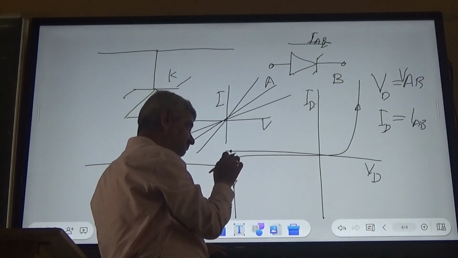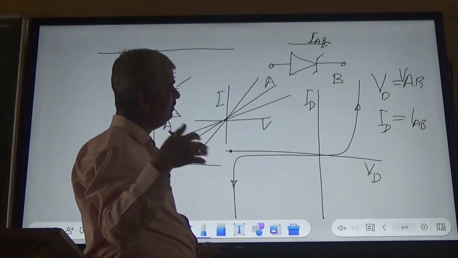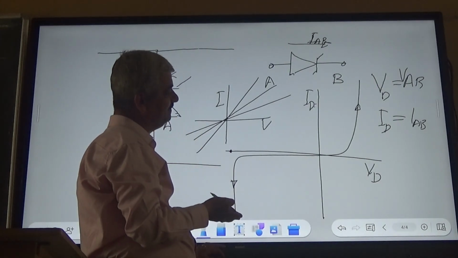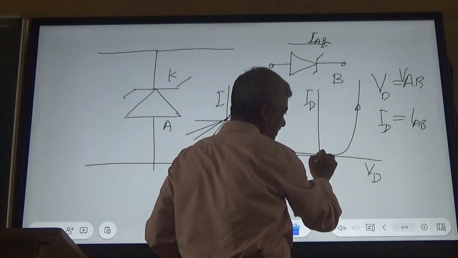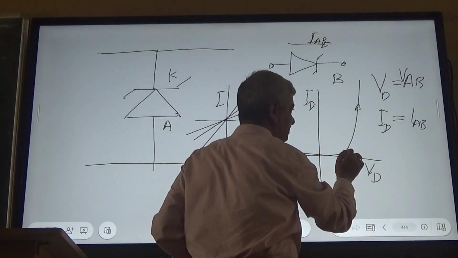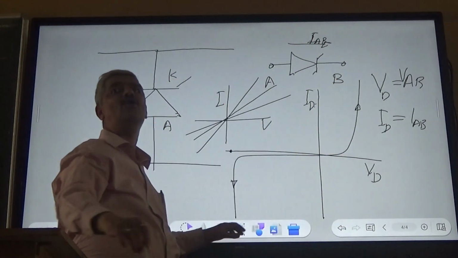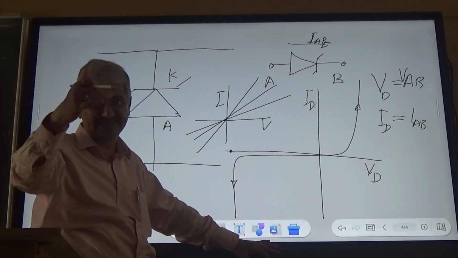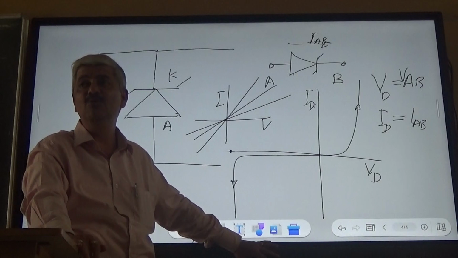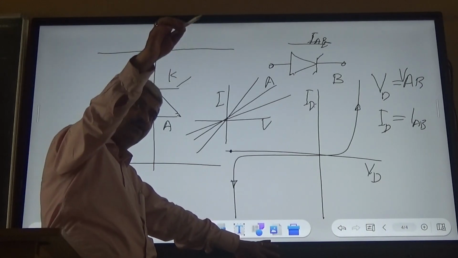And as regards forward, you watch my lecture later on, in the forward region the slope of the VI characteristic is very low and suddenly it increases and becomes very steep, almost vertical, around 0.65 to 0.7 volts. Whereas for normal, what you are doing, you are switching up Zener.